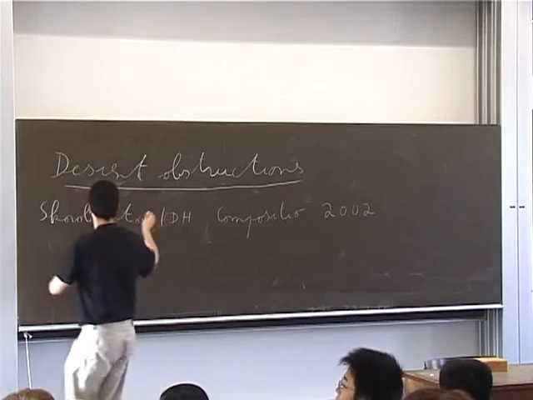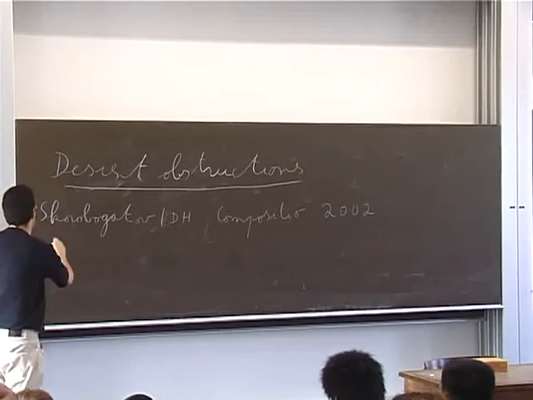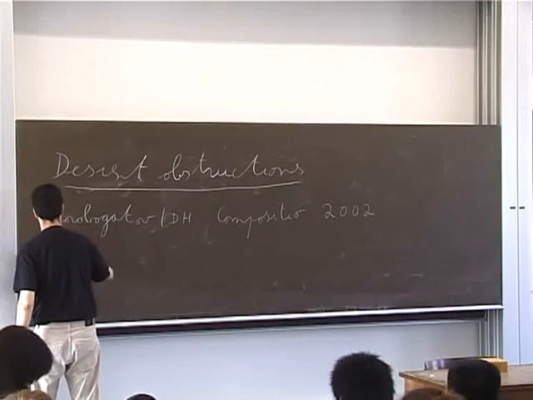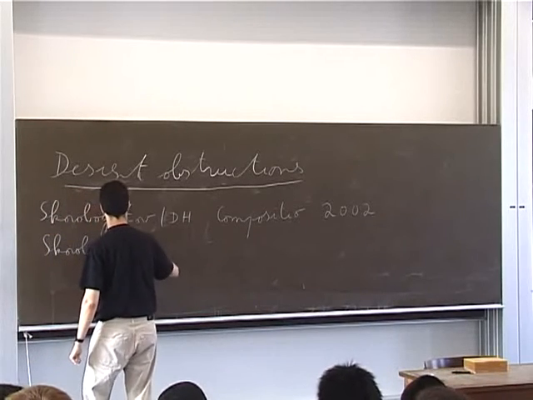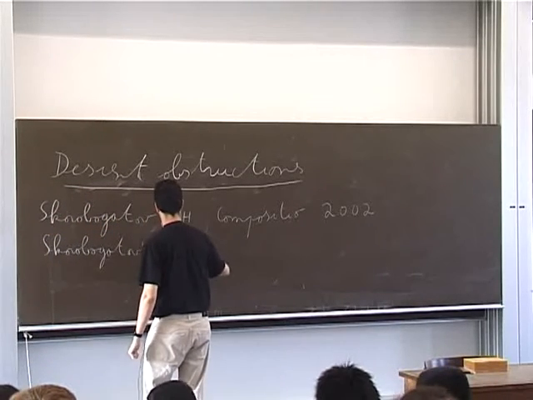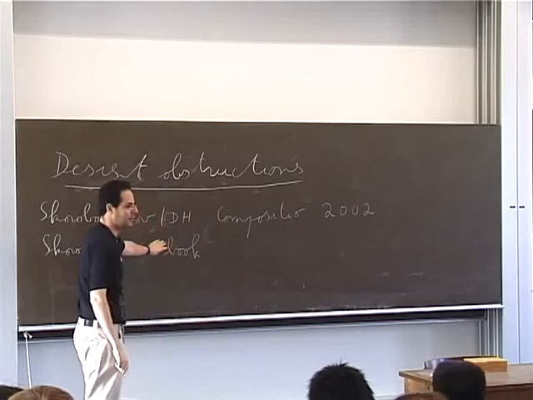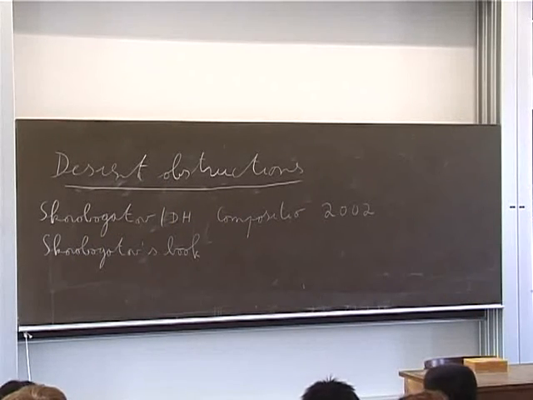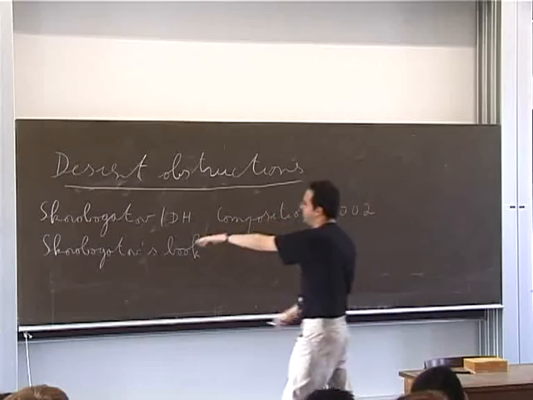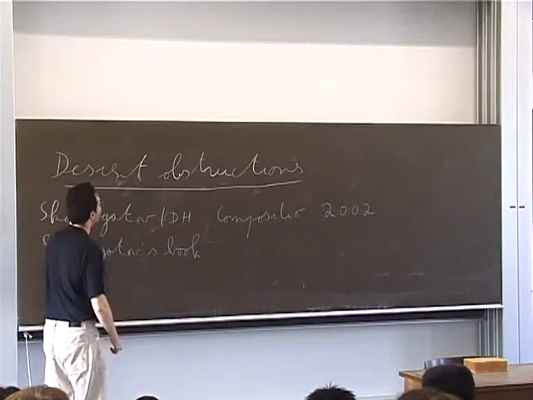Or everything is also explained in Skorobogatov's book. The title of his book is Torsors and Rational Points. So you will find everything about descent in this book.